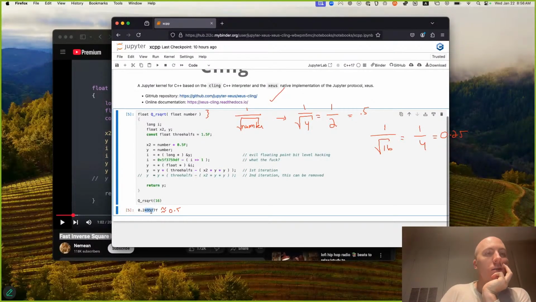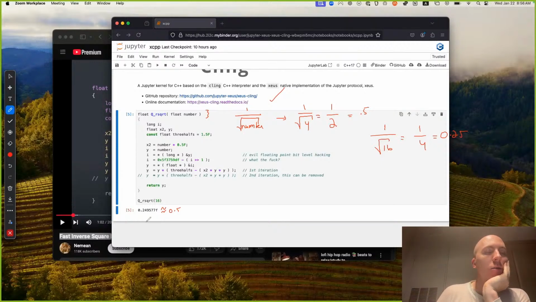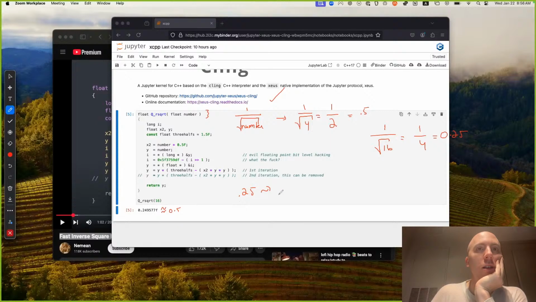Kind of close. How do you actually think of how close numbers are anyway? Like, how close is 0.25 to 0.24?